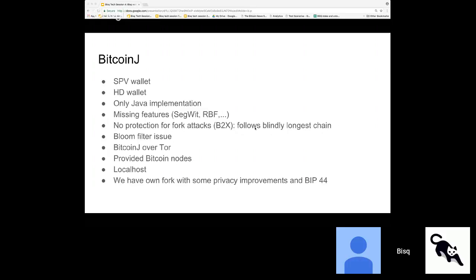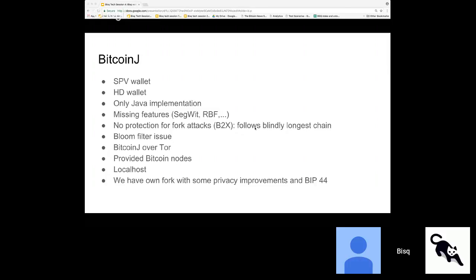BitcoinJ sends a Bloom filter to a full node. It's usually connected to around 10 full nodes, random nodes in the Bitcoin network, and tells those nodes: I'm interested in all transactions which the full node sees in the network that are relevant to the addresses in my wallet.